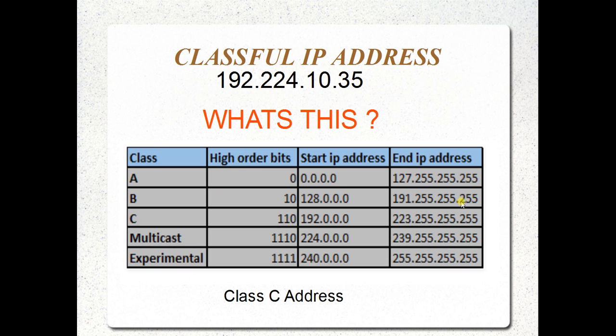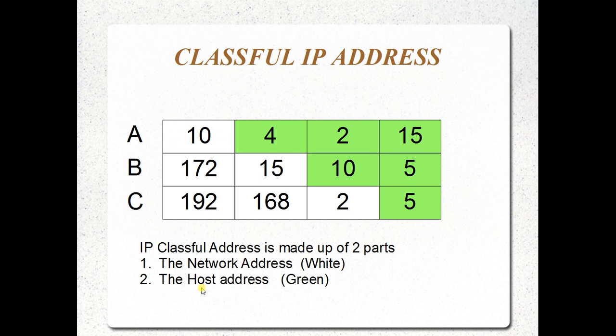There are 3 main classes: a class A, which falls within this range, a class B, which falls within this range, and a class C, which falls within this range. There may be some exceptions, and we'll talk about those later, but for now, let's just think of it like this. This is the classful IP address. We're just getting started, remember. There are always exceptions.